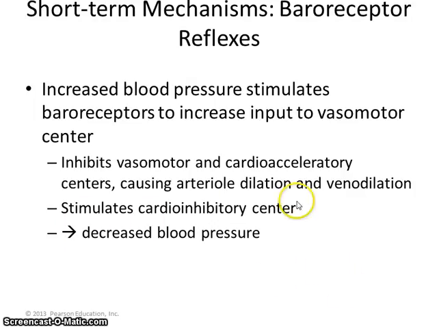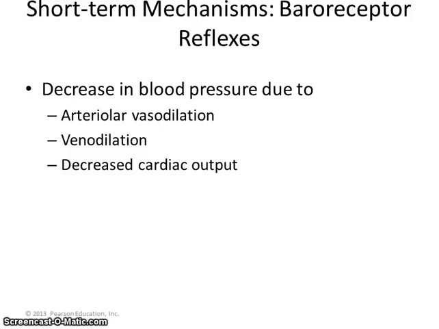Both of those result in decreased blood pressure. Good. So we decrease the peripheral resistance by dilating our blood vessels, so there's less pressure there. And then we decrease our cardiac output. We decrease our heart rate. We're pushing less blood through, so there's less pressure.